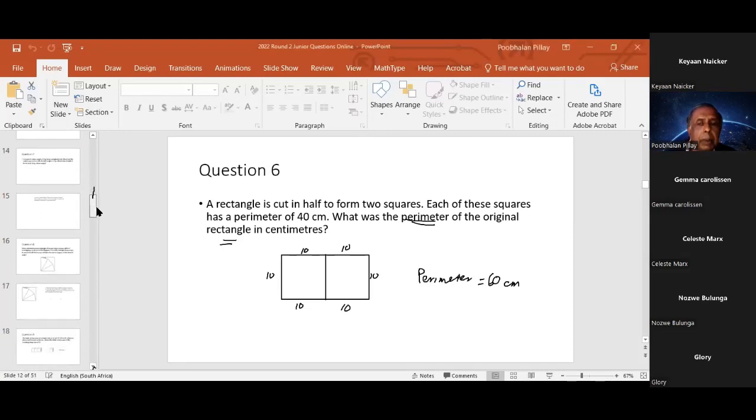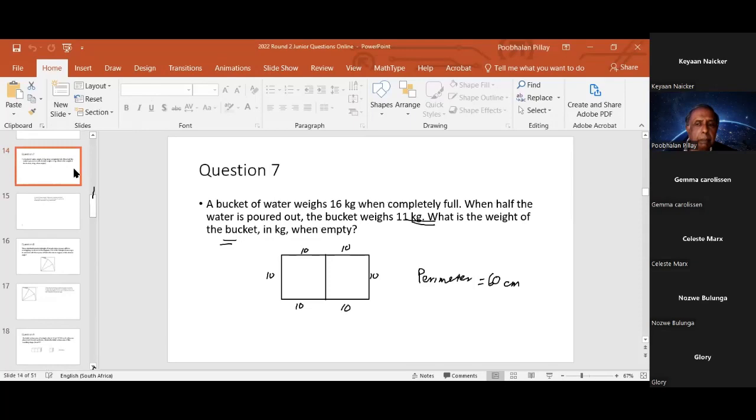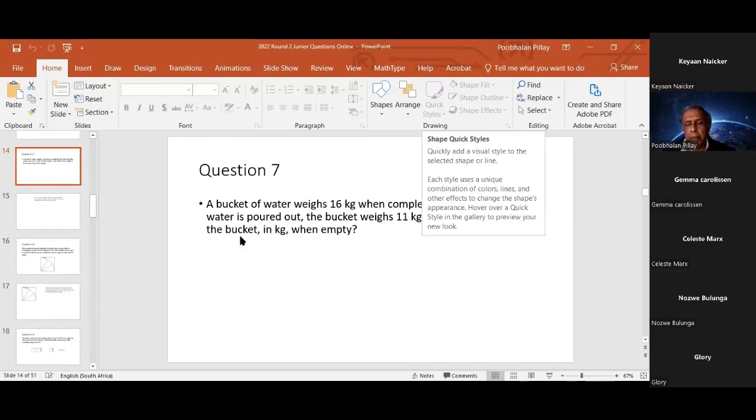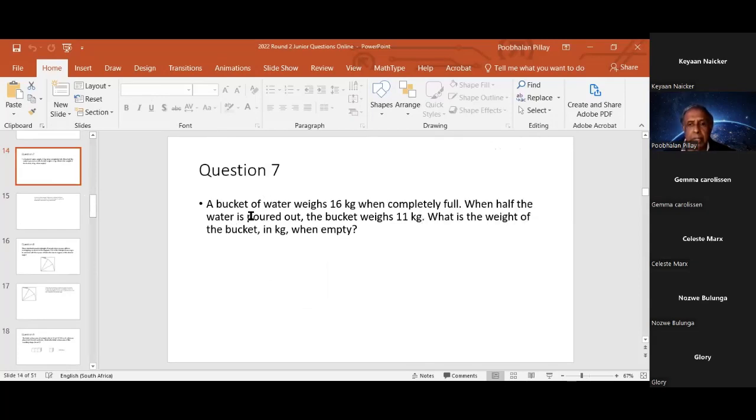Okay, so now we go on to question 7, which says the following. A bucket of water weighs 16 kilograms when completely full. All right, let's just draw a bucket.